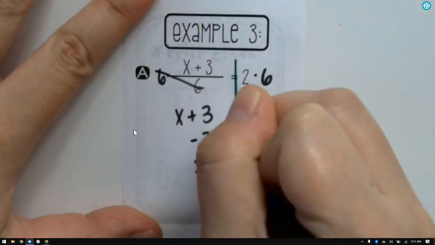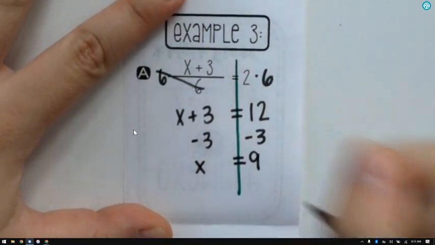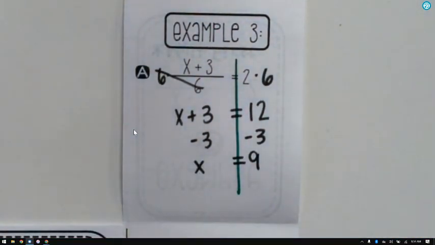We get x equals 12 minus 3, which is 9. Okay, so once you get the first step done, these ones are super easy because it's just addition or subtraction from there.